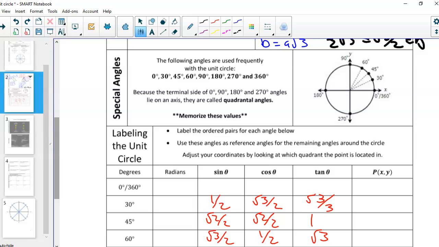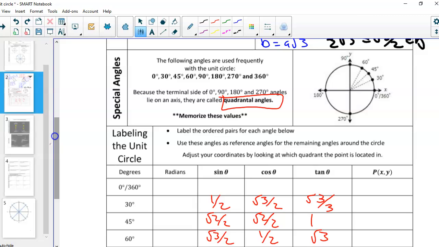So we talked about this previously, but just to put it in context of where we are. So we talked about if it doesn't lie in the quadrant, it's a quadrantal angle. So if it lies on the x and y axis, that would make 0, 360, 90, 180, and 270 quadrantal angles. So those also have ordered pairs along your circle.